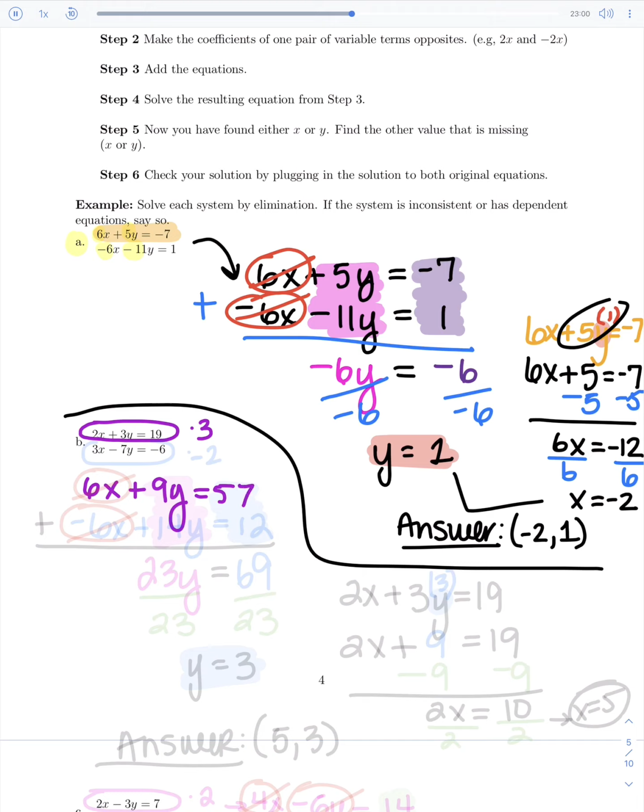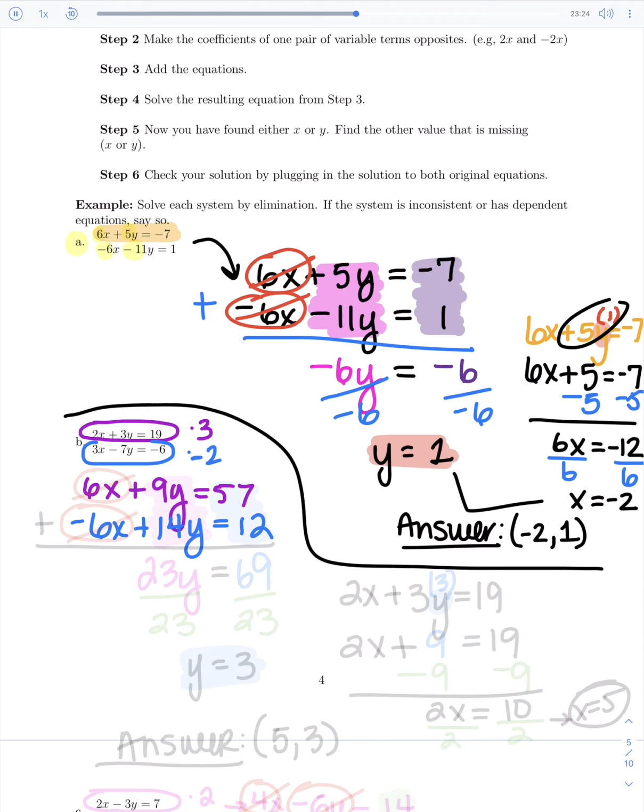Then my second equation, in order to get a 6x, would have to get multiplied by a 2. But I need the other one to have the reverse sign, so I'm actually going to multiply the whole thing through by negative 2. So multiplying by negative 2 would get me negative 6x, a positive 14y, and a positive 12.